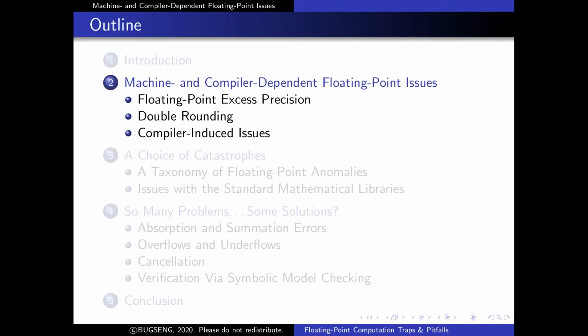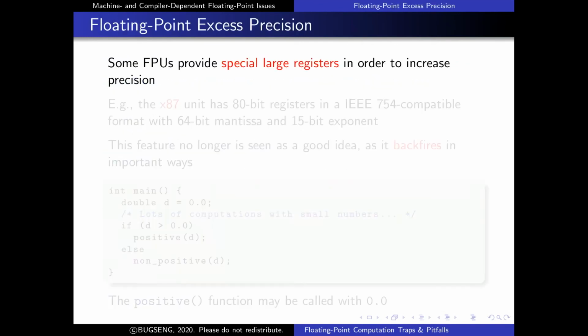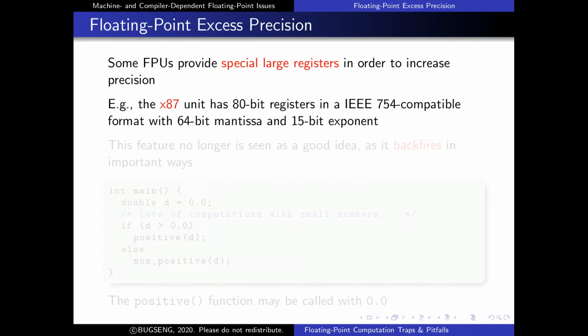Okay, so let's start with floating point excess precision. There are some floating point units that provide a large register in order to increase precision. The first one has been the 8087 and all its successors. This unit has 80-bit registers in an IEEE 754 compatible format.